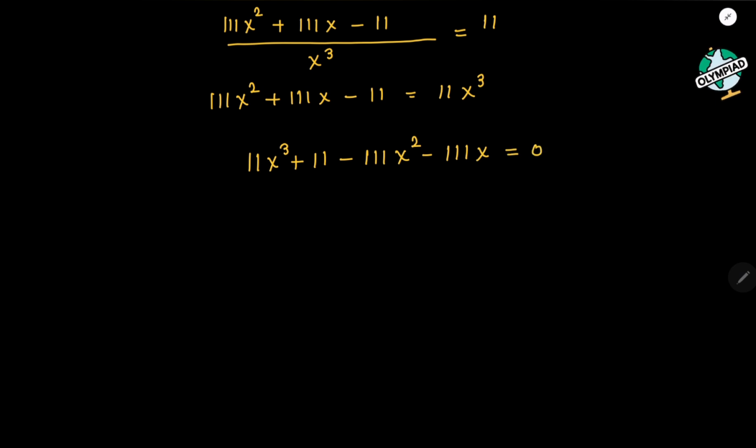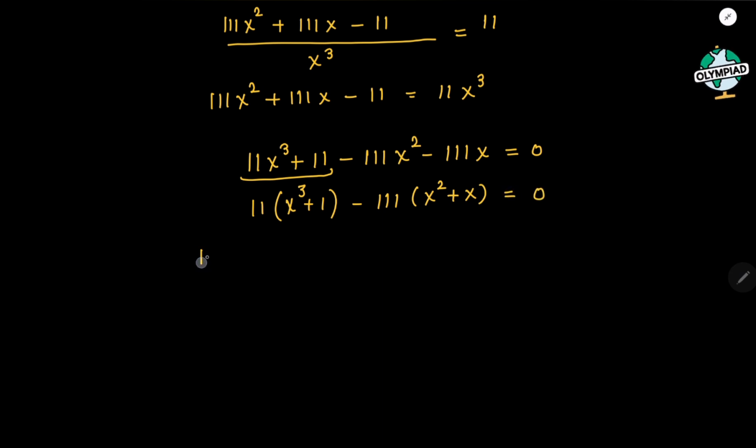Why did I arrange it like that, putting 11 here? Because both have 11, so I can take 11 common: it is x³ + 1. Here I can take 111 common, and x² + x is left inside, is equal to 0. Now, what is a³ + b³?